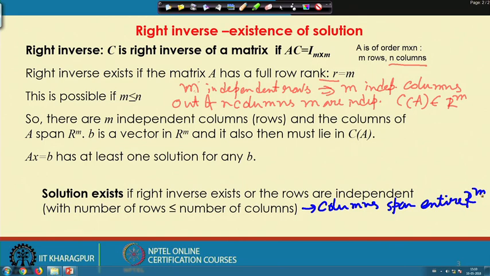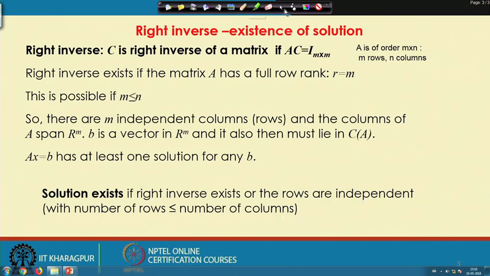This comes from the property of spanning of R m: the columns will span the entire R m, B is a member of R m, therefore, B must lie in the column space. So, a solution will exist when a right inverse exists.